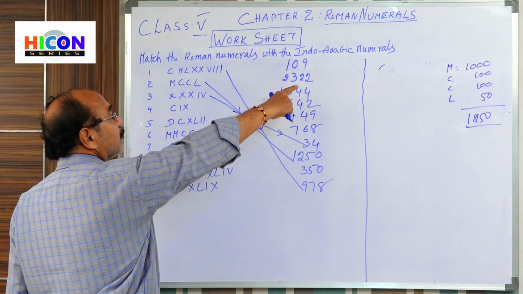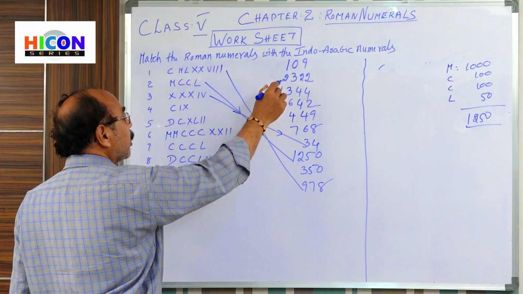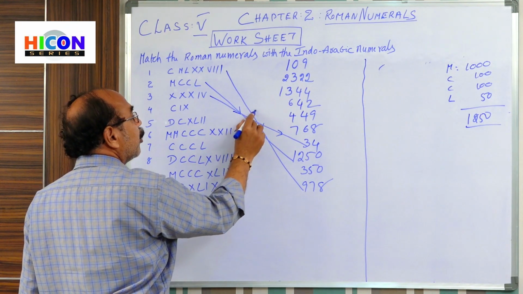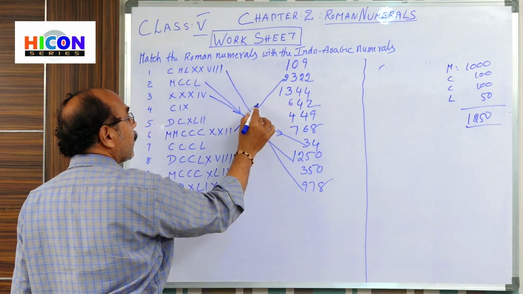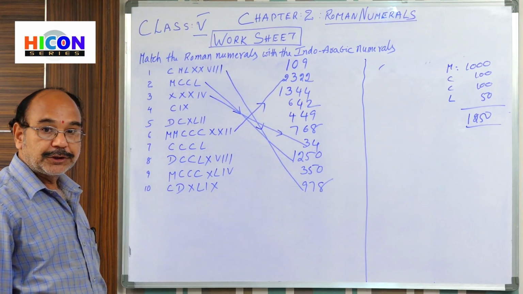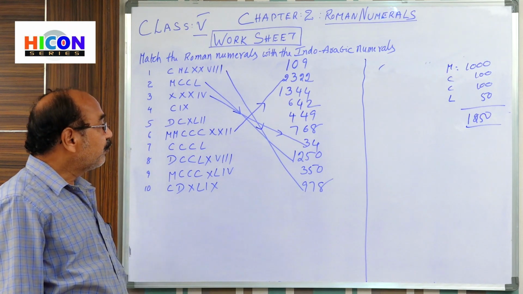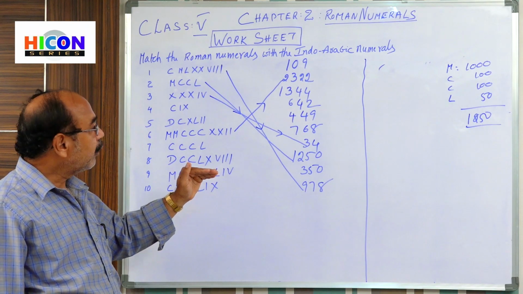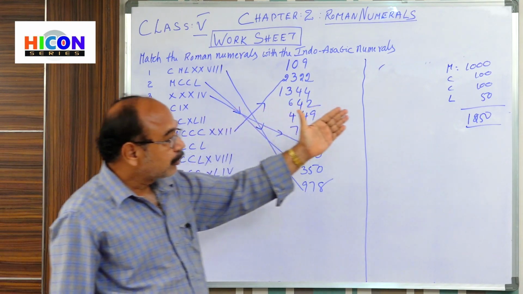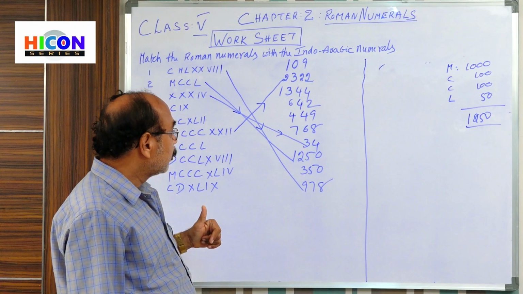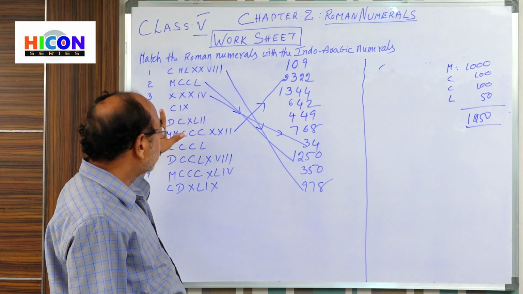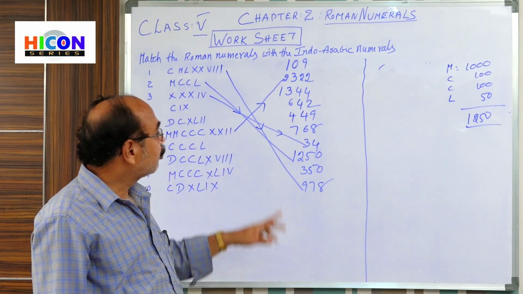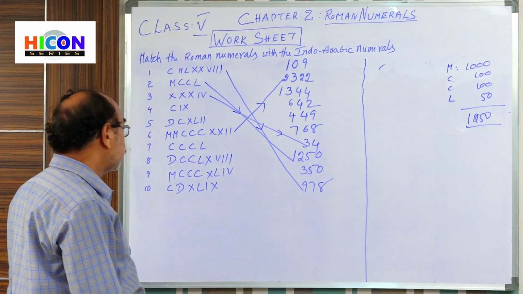Where is that number? So this is the suitable number, and we should connect that number. Okay, children, before connecting these numbers, what do we have to do? First, we have to prepare rough work. If we prepare the rough work for the Roman number, we can easily identify and mark the matching model.